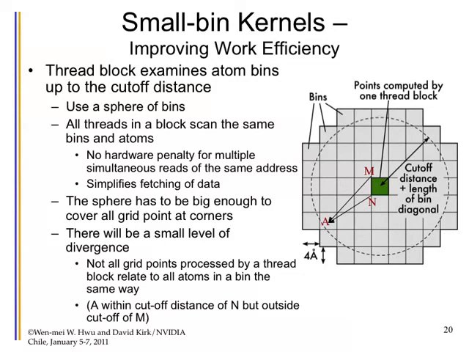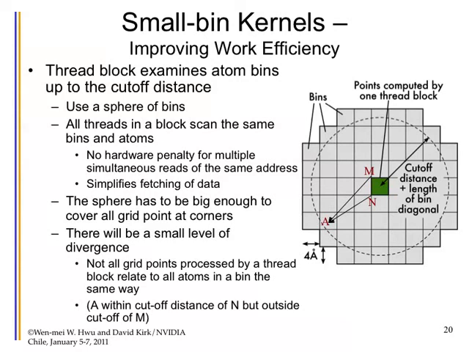But when you have such a small bin, the cutoff distance can actually be bigger than what's covered by a bin. Remember, the big bin was big enough that it covers the cutoff distance. But now that we have much smaller bins, there could be a number of small bins within the cutoff distance.